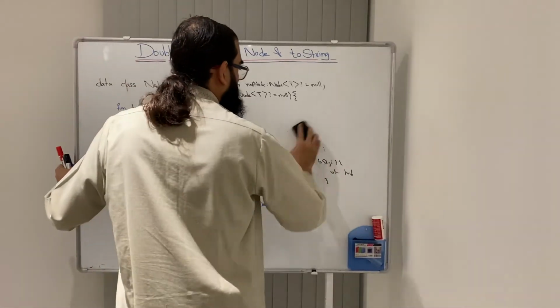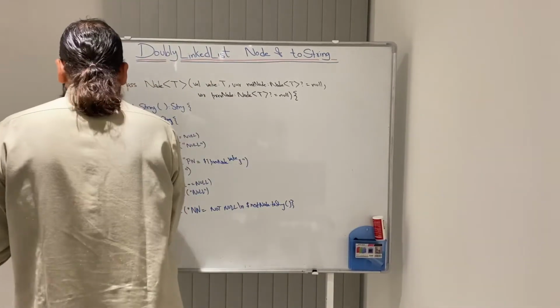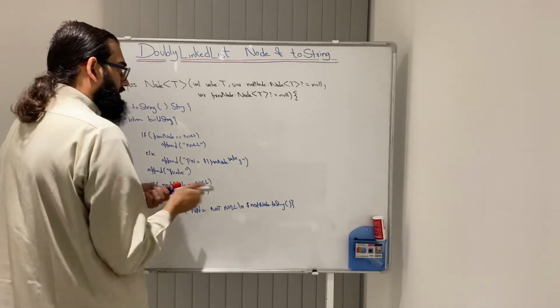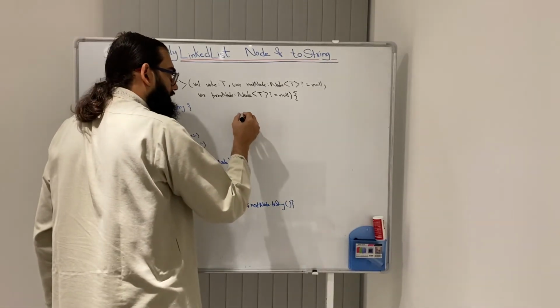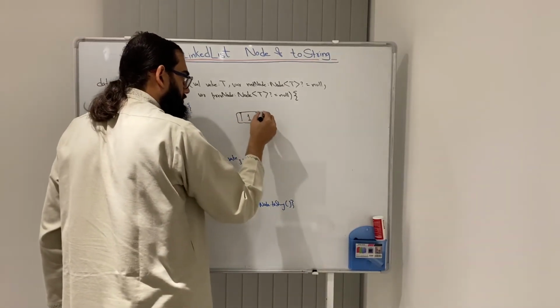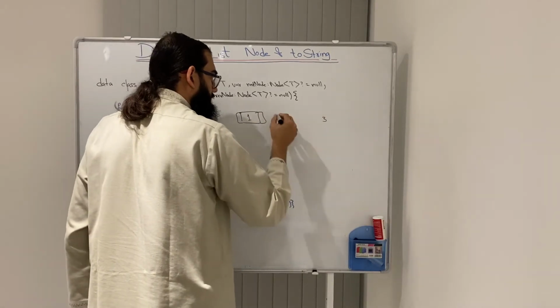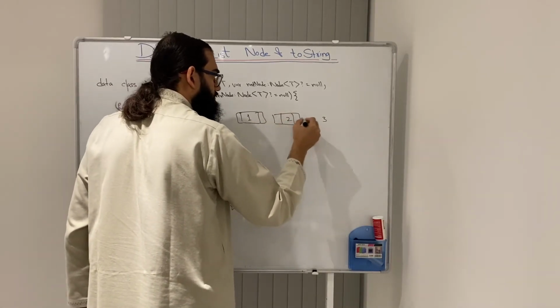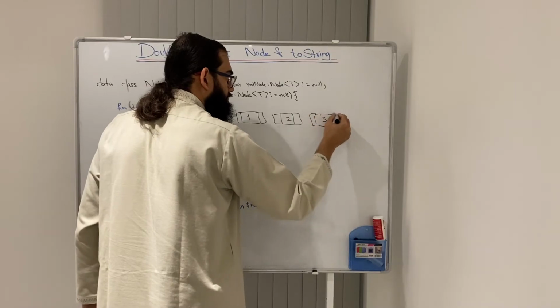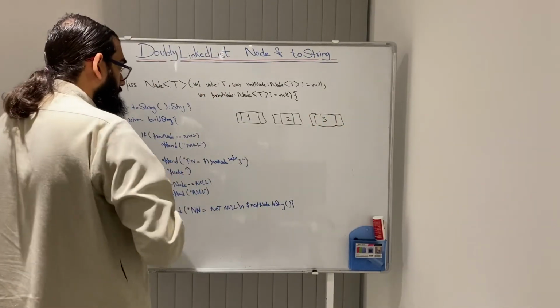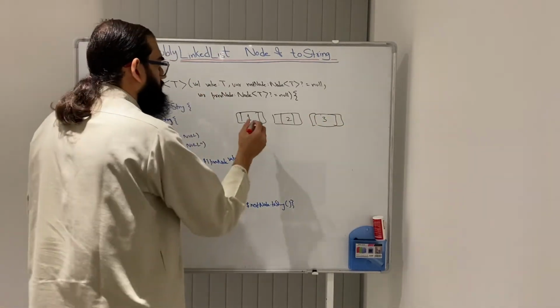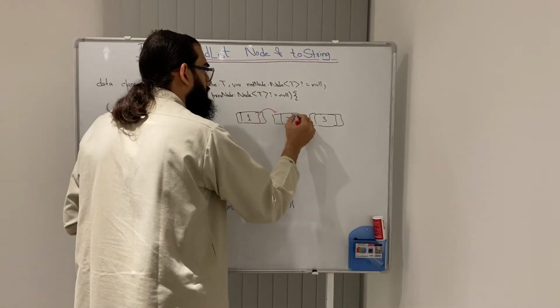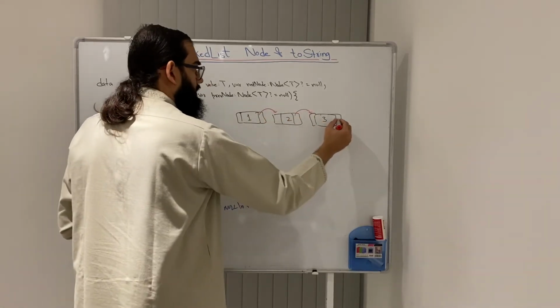So in this case, please remember how we implemented this. I have a list, for example, DoublyLinkedList for 1, 2, 3. So next node, here next node is null.